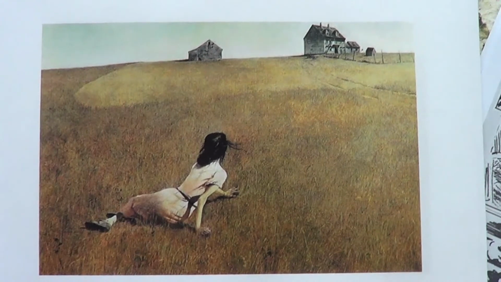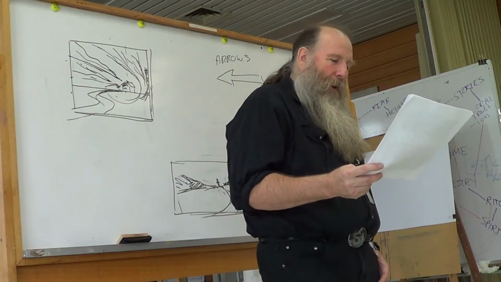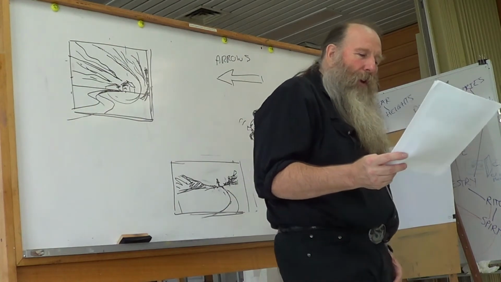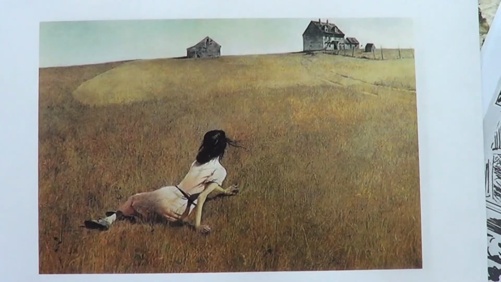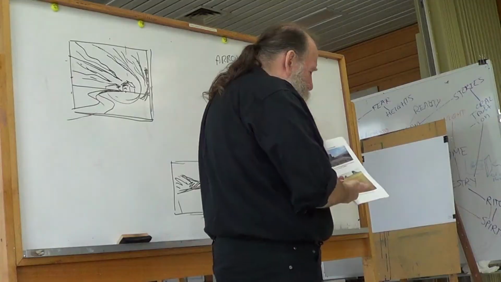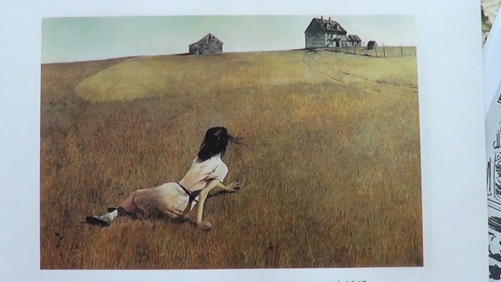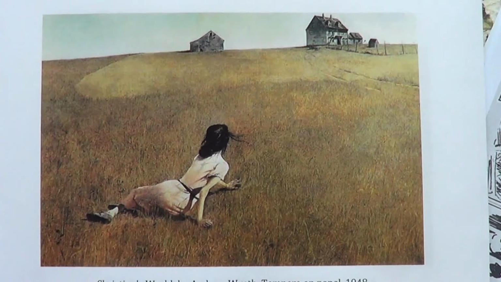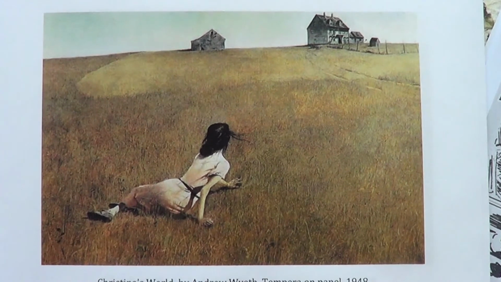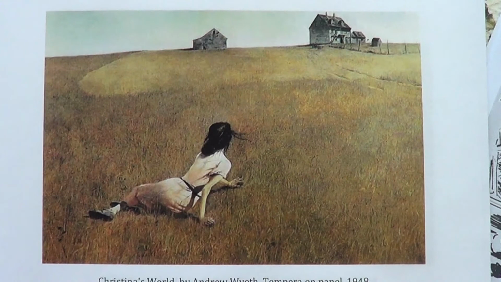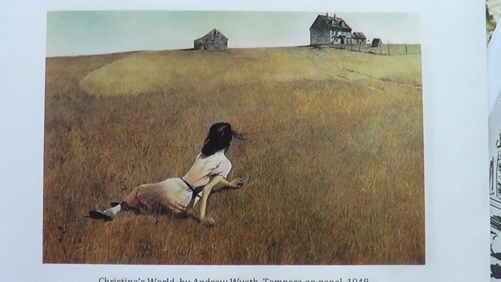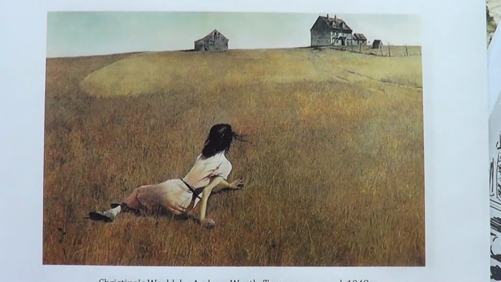You have drama in that from her back foot, her body, her head creating almost a line going there to the house. It gives you the drama, not just because there is a diagonal line there, but also because of the emotion behind this too.